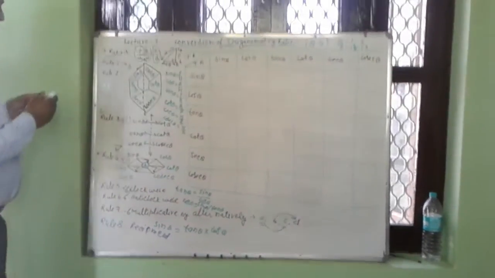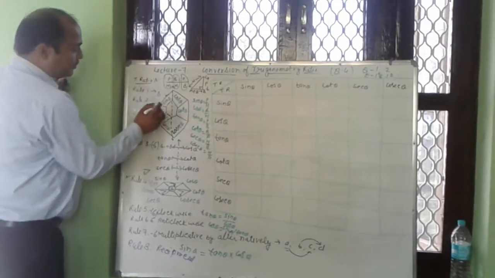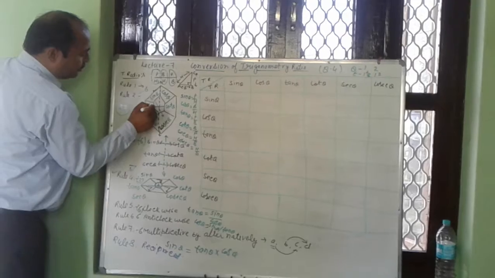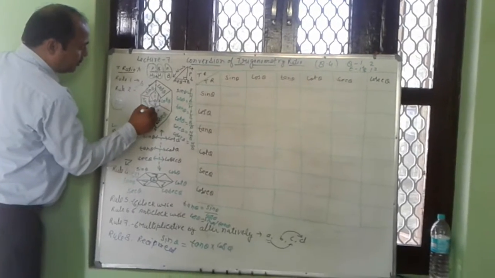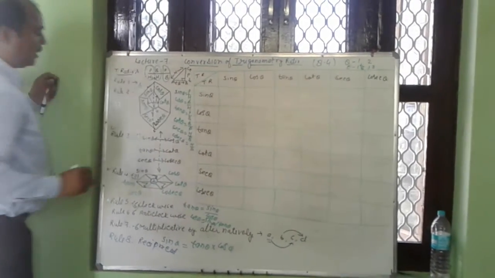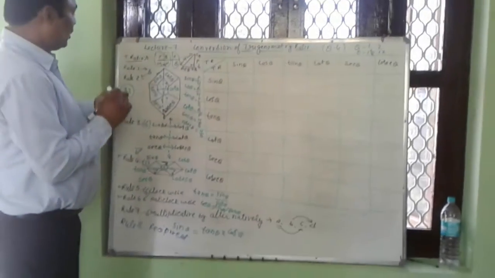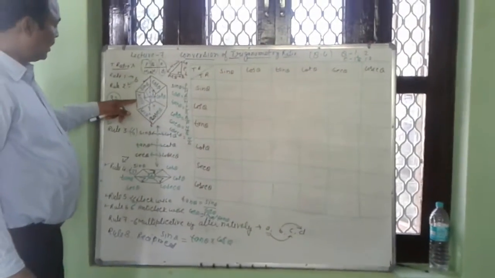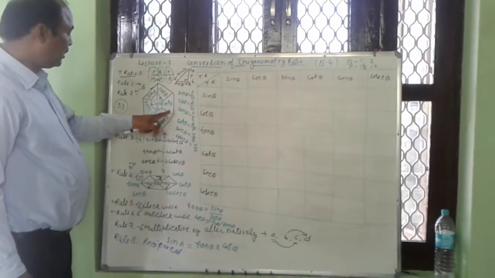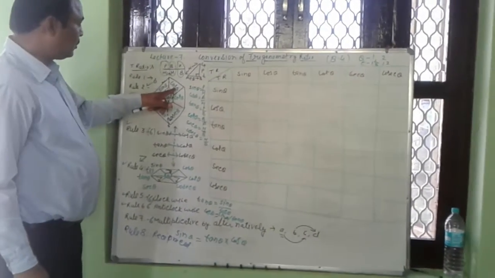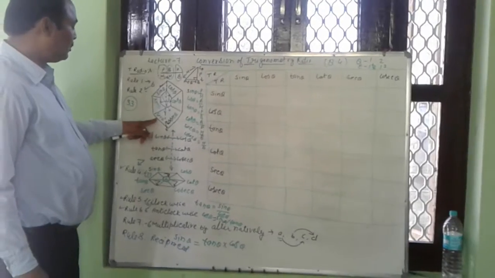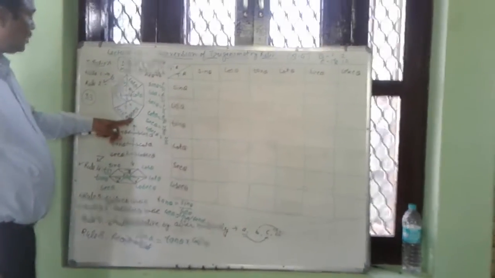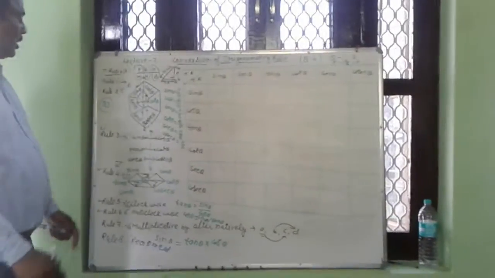So the reciprocal is just the opposite of this one. Suppose sin theta is 1 upon cosec theta, or tan theta is 1 upon cot theta, or cos theta is 1 upon sec theta, cot theta is 1 upon tan theta, or cosec theta is 1 upon sin theta.